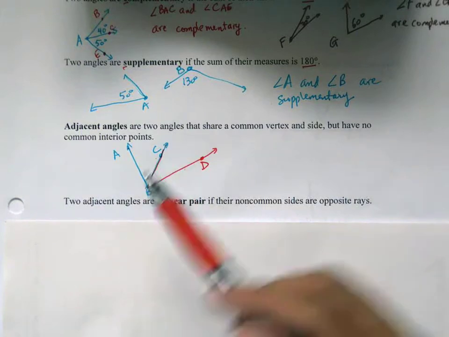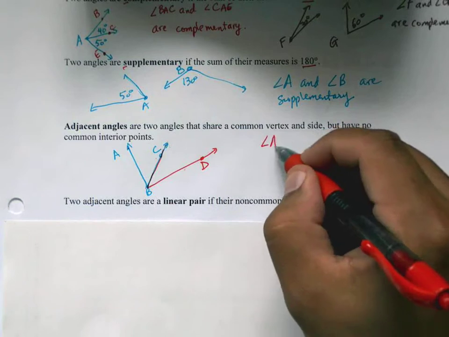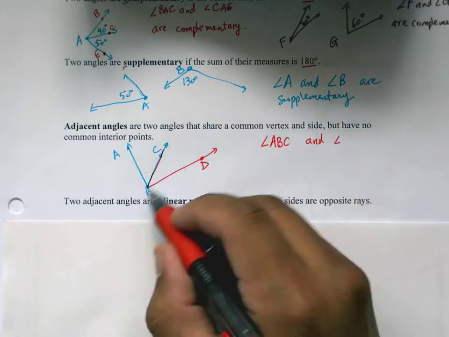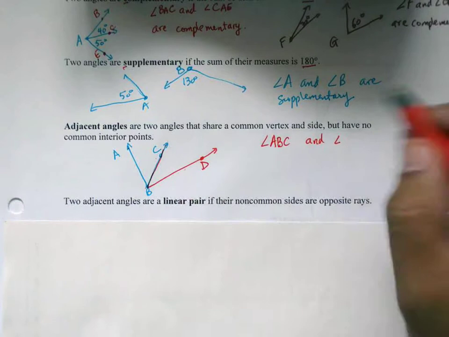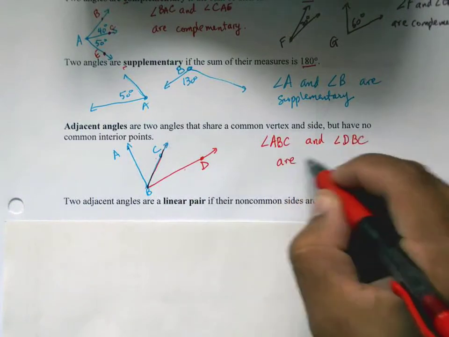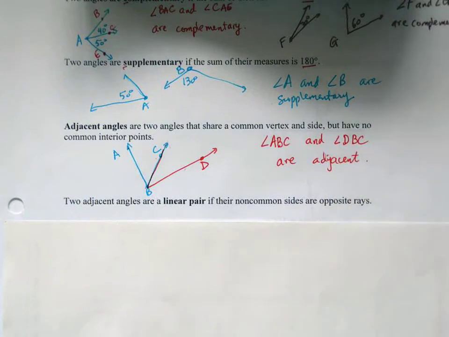They touch each other right on this common ray. So angles ABC and angle DBC, or CBD, are adjacent. Basically, adjacent just means right next to or touching.